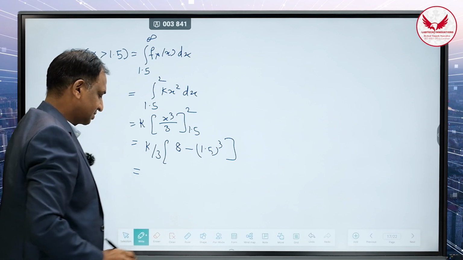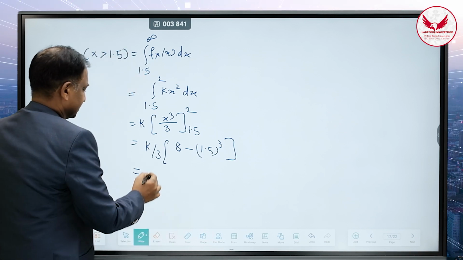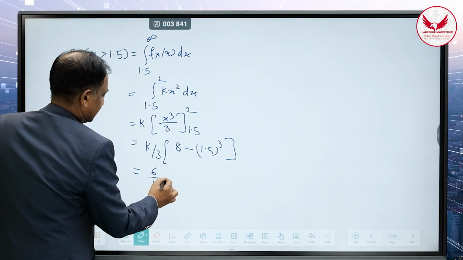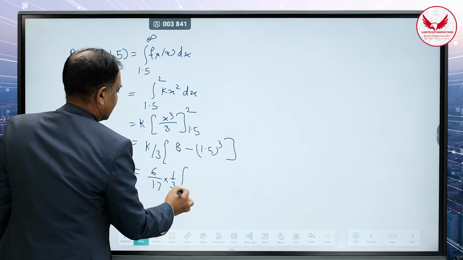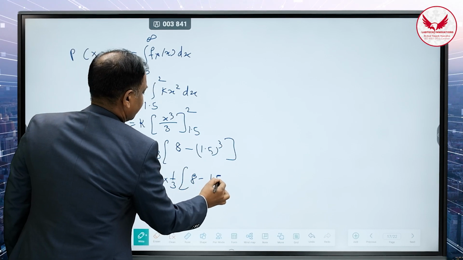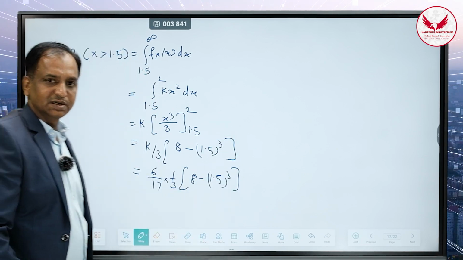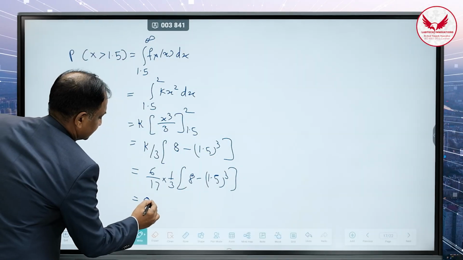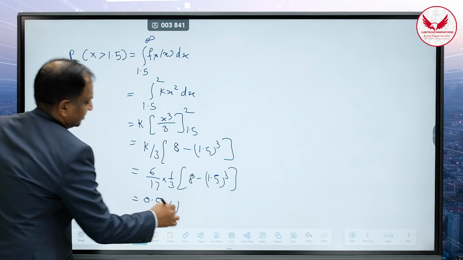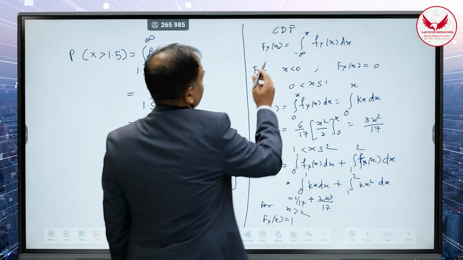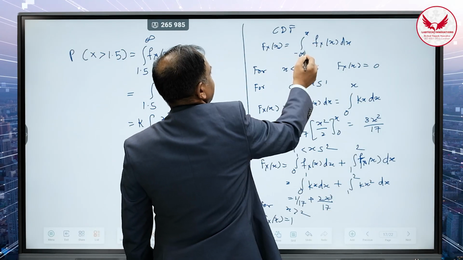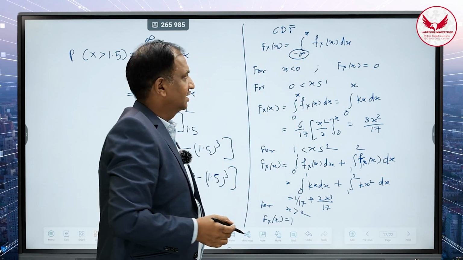We know k is equal to 6 by 17, so 6/17 into 1/3 into (8 minus 1.5 cube), and this value comes out to be 0.5441.